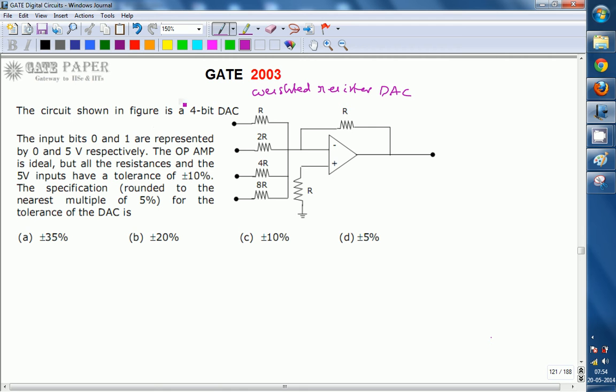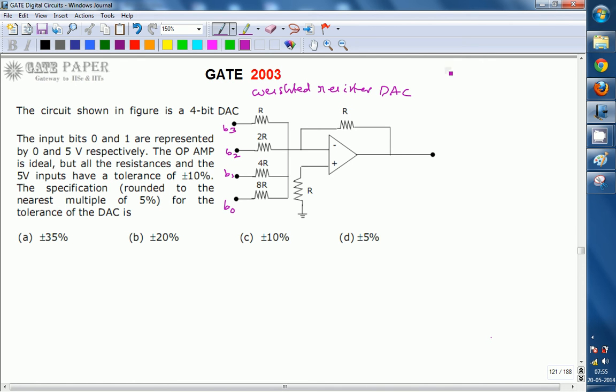This will be treated as connected to B3, B2, B1, B0. So B3, B2, B1, B0 are going to be switches depending on their values. They may be connected to the reference voltage or they may be connected to ground.